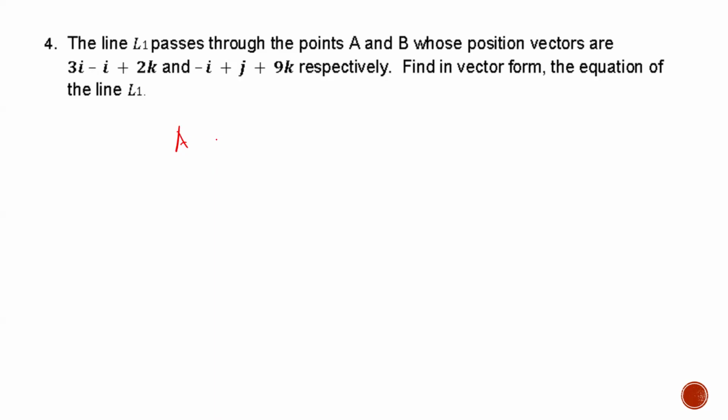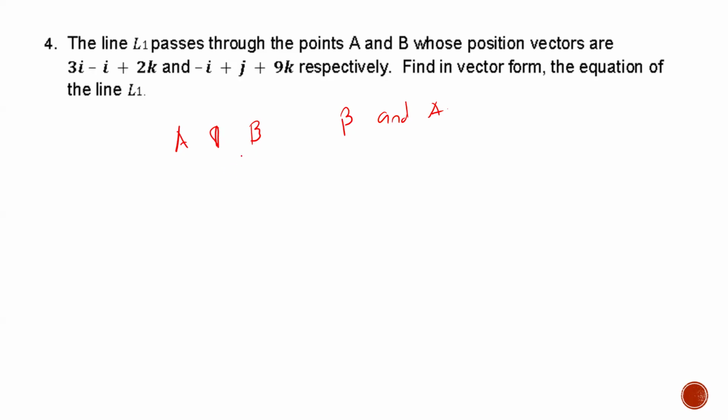In most cases, it's very good for you to follow the arrangement the question has given you. Someone may be thinking about B and A, but remember that's going to affect the direction of your vector.